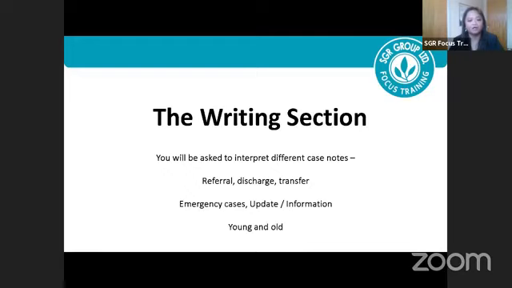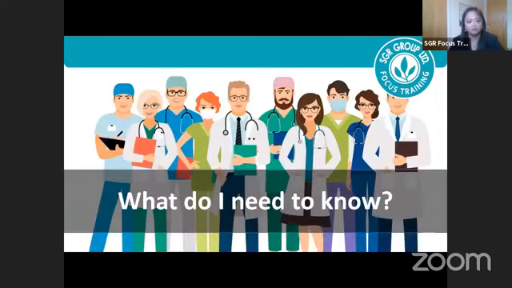And when you are writing your letter, it's quite important that you take into account the age of your patient. The way that your genre and style changes is dictated by, well, one of the conditions is the age of your patient. So always make sure that you are familiar with who your patient is.